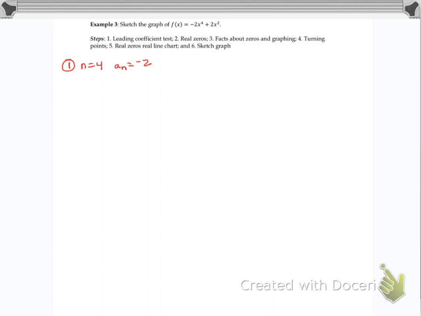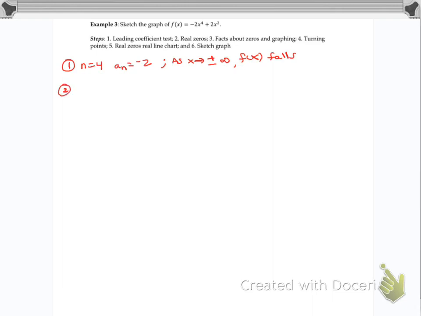So this tells us, if they both go in the same direction, you can say as x goes to plus or minus infinity, f of x falls. Okay, the function falls, right? I don't want to write that, but we'll look at that in a minute. Okay, so we've done our leading coefficient test.